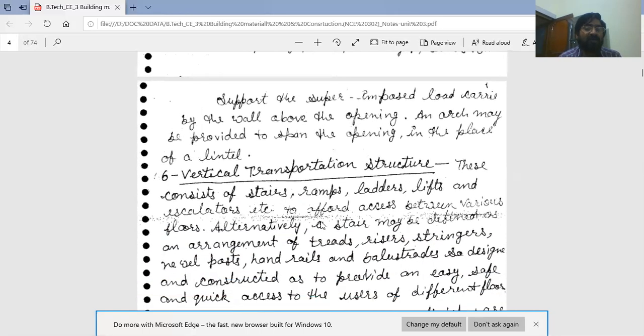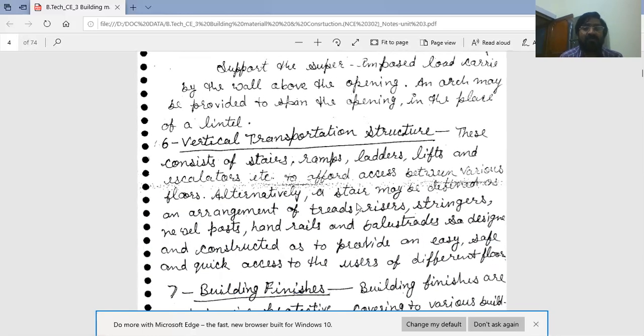Sixth component is vertical transportation structure. Under this category, stairs. These consist of stairs, ramps, ladders, lifts, and escalators, etc. to afford access between various floors.